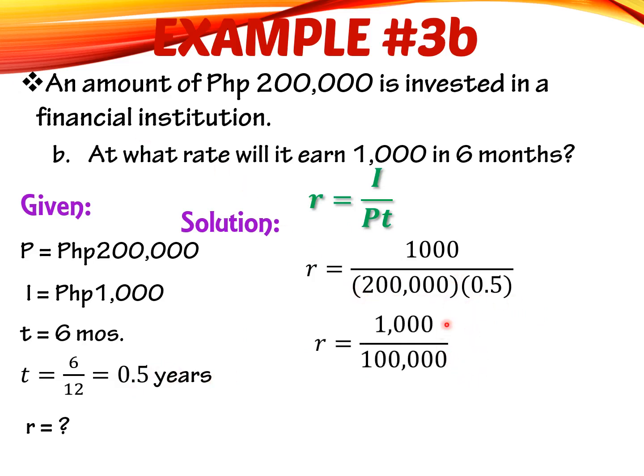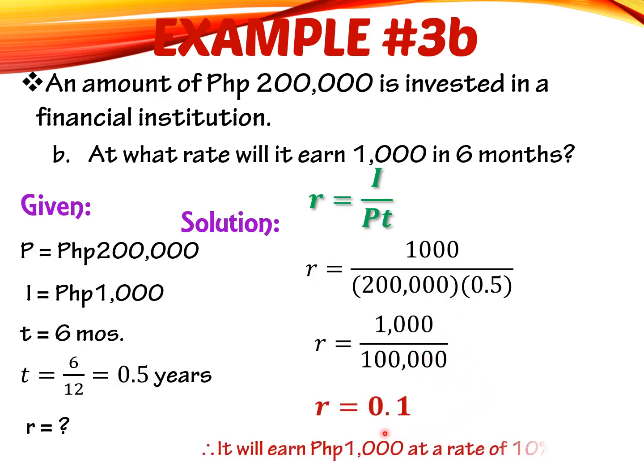That will give you 1,000 divided by 100,000. And that will give you R is equal to 0.1. Since you are asked to find the rate, you convert this in percent. So that will give you 10%. So it will earn 1,000 pesos at a rate of 10%. So dapat 10% yung rate niya para kumita siya ng 1,000 pesos in 6 months.